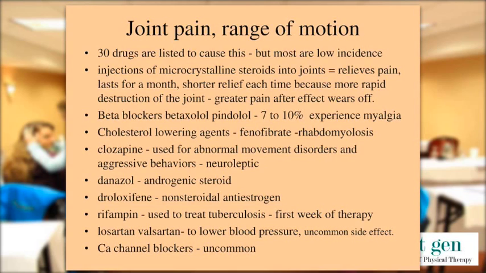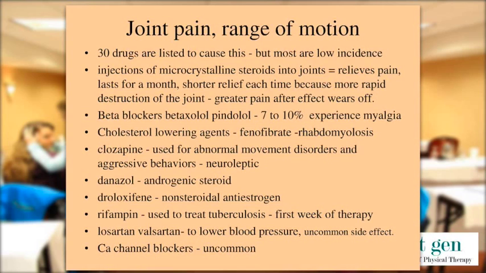And then, of course, the heavy hitters for us are a lot of times joint pain and range of motion. So this is something where there's a lot of medications that can really affect this. What you want to do is be aware of the most common ones, such as beta blockers, some of the statins, some of the other cholesterol-lowering agents, and then you'll see here danazol and rifampin and some of those issues.